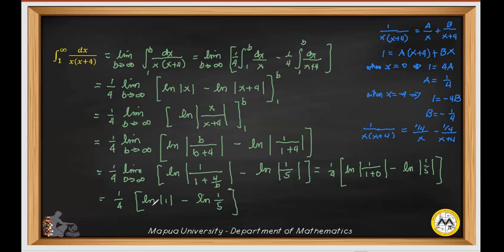Since we know that the natural logarithm of 1 is 0, we can express this as 1 over 4 times 0 minus the natural logarithm of 1 over 5, or simply 1 over 4 times negative natural logarithm of 1 over 5.